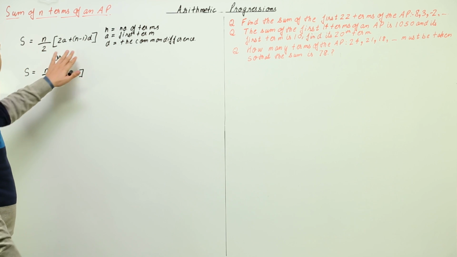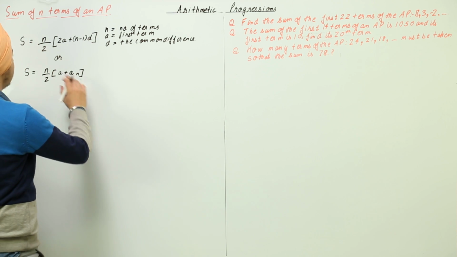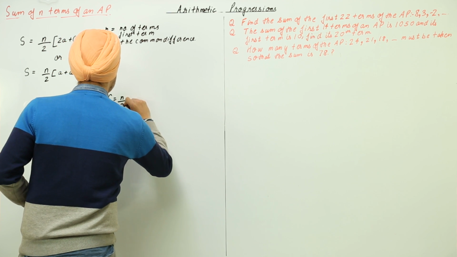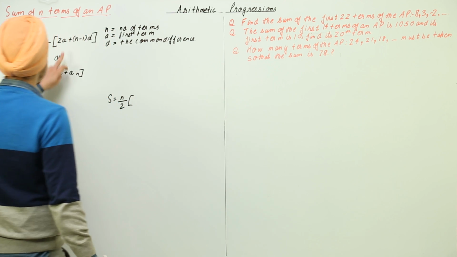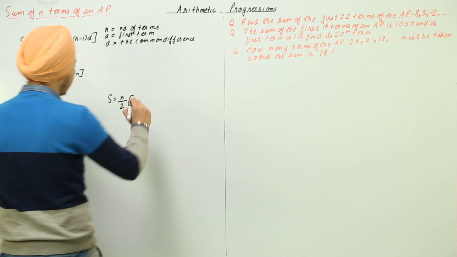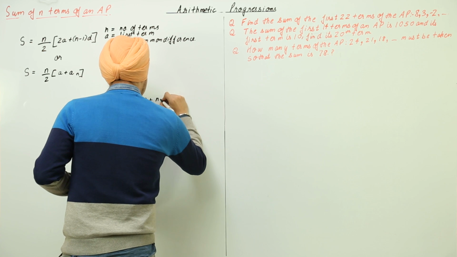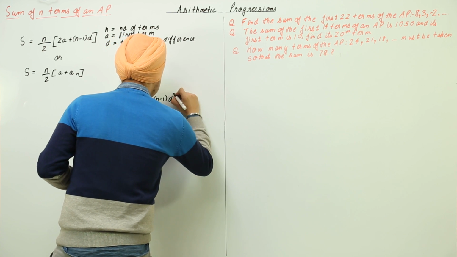Now if you see over here, if we write this formula in a way like S is equal to n by 2 into, this 2a can be written as a plus n minus 1 into d.